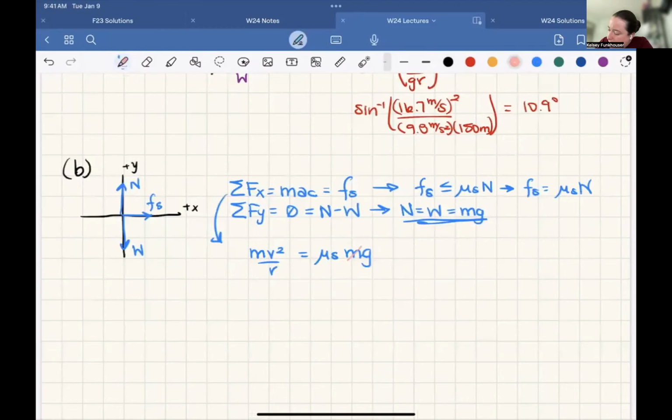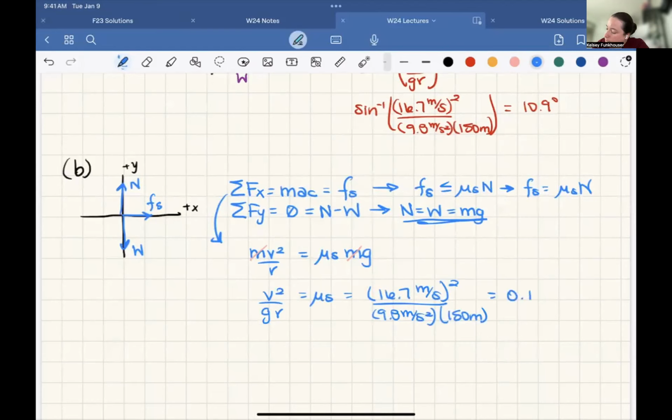So then we can divide mass out again, and divide g on both sides. V squared over gr equals the coefficient of static friction, and we get 16.7 meters per second squared divided by 9.8 meters per second squared times 150 meters, and this gives us a coefficient of 0.19.